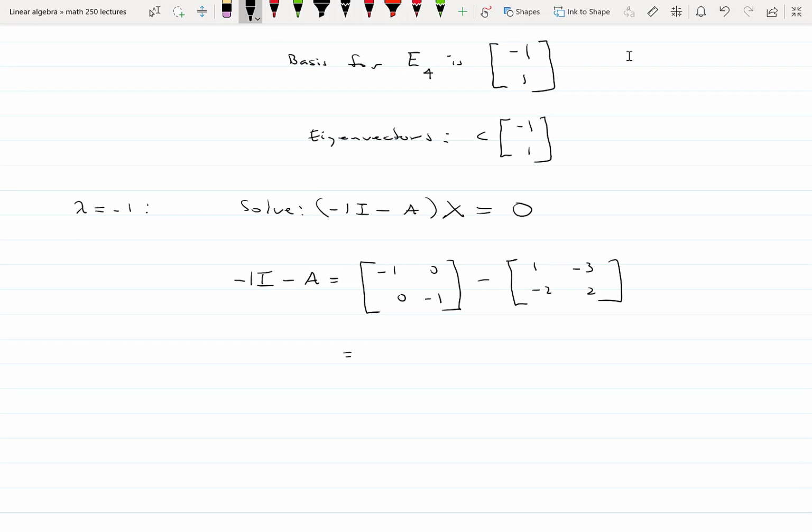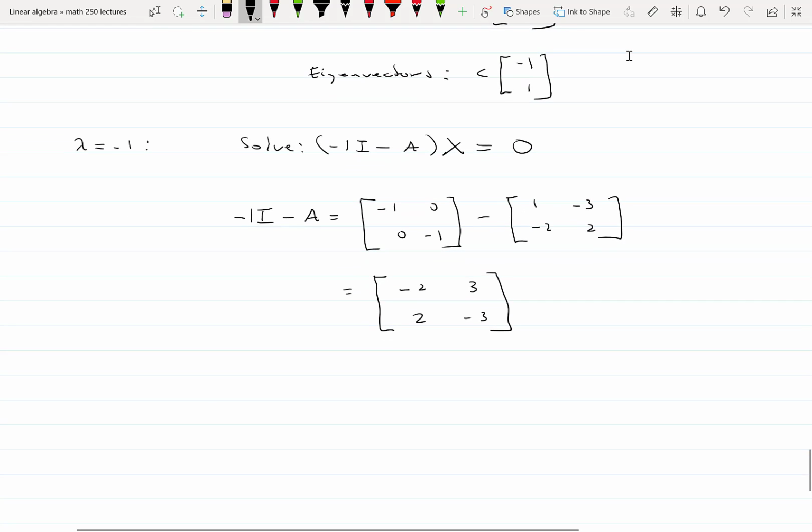And this is nothing more than -2, 3, 2, and -3. Okay, so now we're going to solve the system -1 times I minus A, times x equals 0. So we augment the matrix -1 times I minus A, and then put as the constants the 0 column vector.